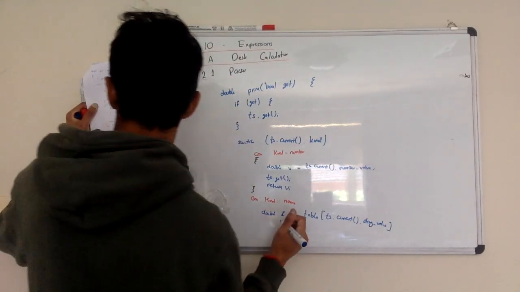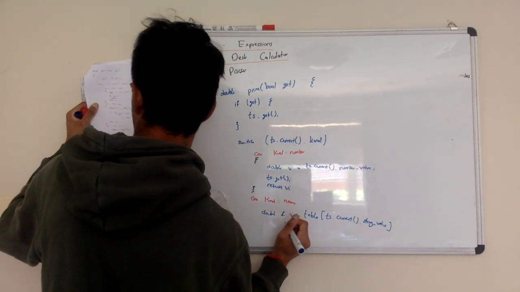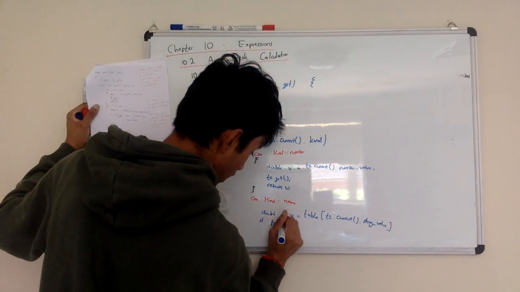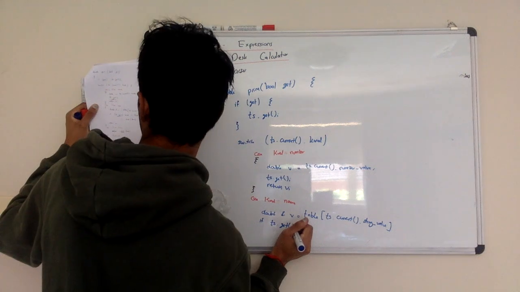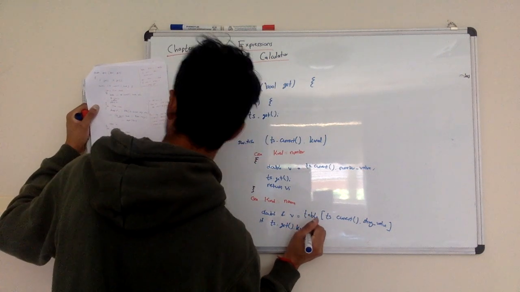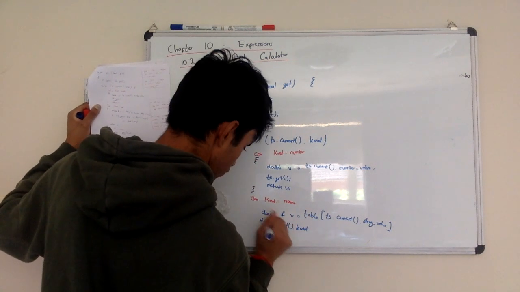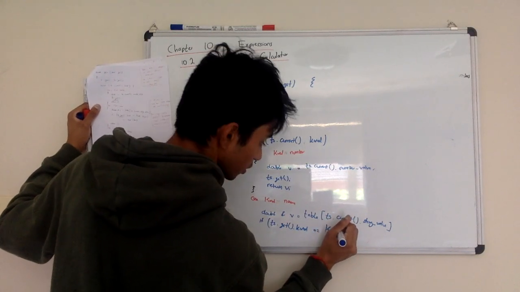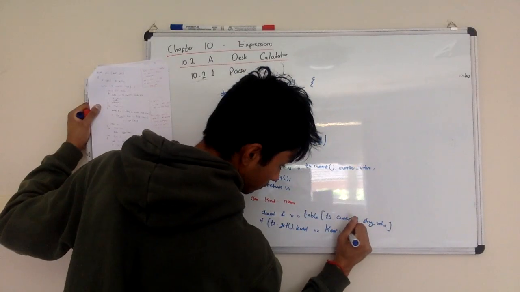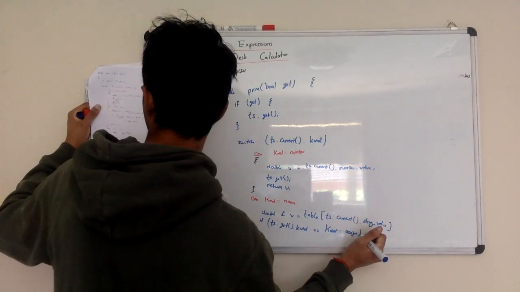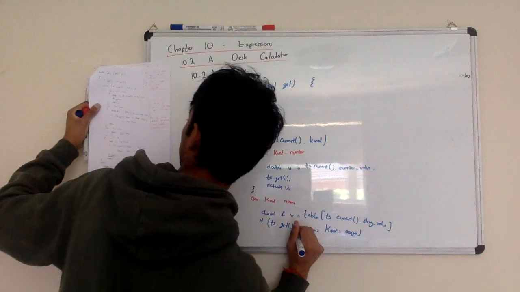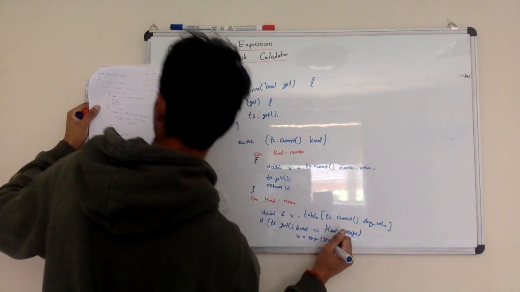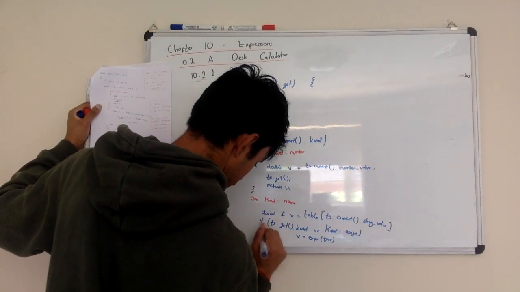And then if ts.get.kind is equal to kind::scope_resolution_assign, then v is equal to expression(true), and then we can return v.